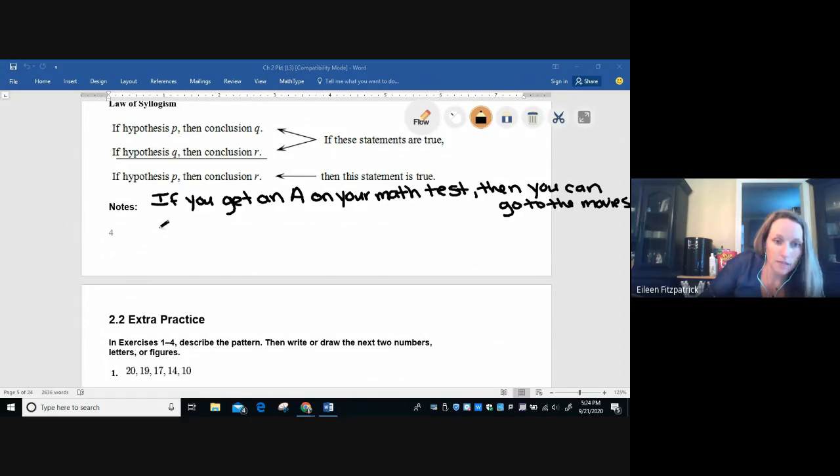The next if-then statement says, if you go to the movies, then you can watch your favorite actor.